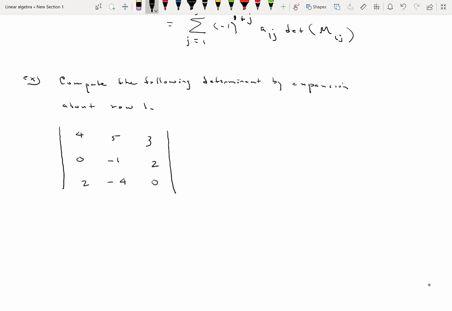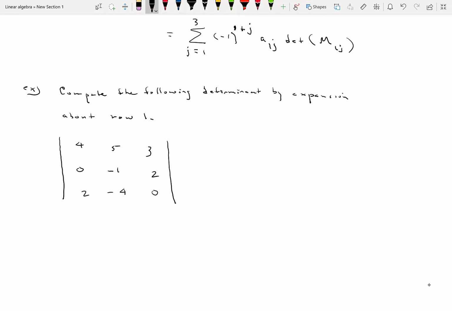I'm using the alternate sort of extended absolute value bars notation. And so that we can get used to using the formula, the sum formula, let's write this out. This is the sum. J ranges from 1 to 3, and the sum would be from 1 to 4 if it were the determinant of a 4 by 4, etc. Okay.